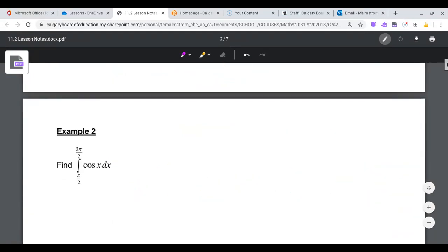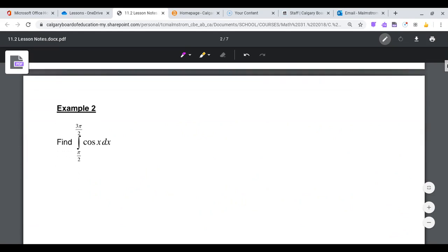Okay, example number 2. What is the antiderivative of cos? So you really have to think back, if you know your derivative rules, which trig function has the derivative cos, and then work backwards, and the answer is sine. If you don't know that, you certainly can just use your formula sheet or the chart that we are about to look at.